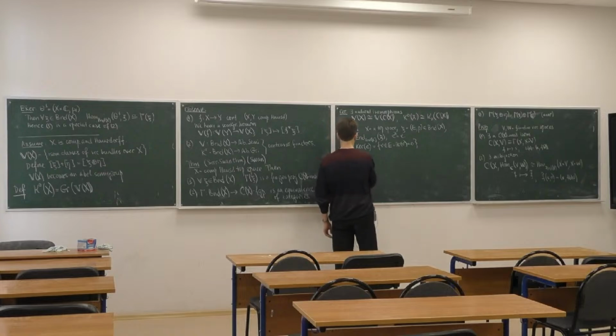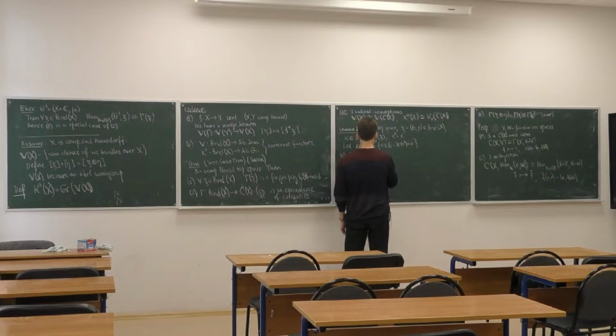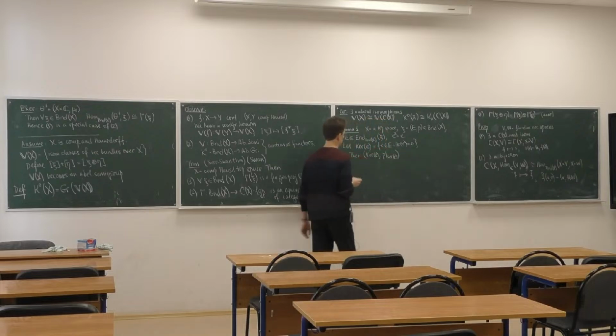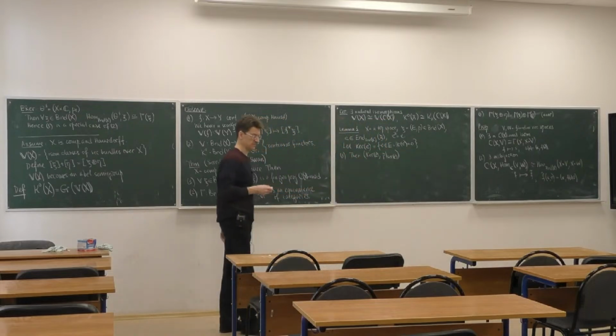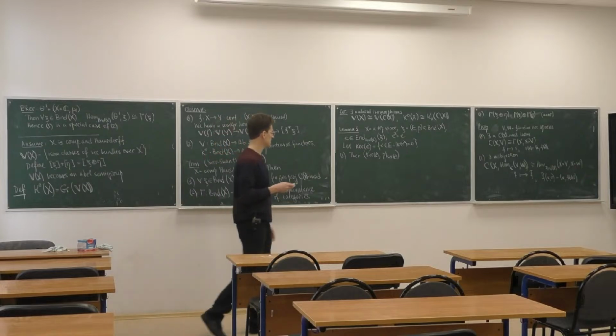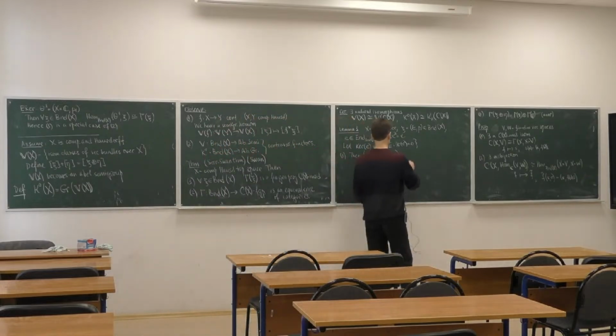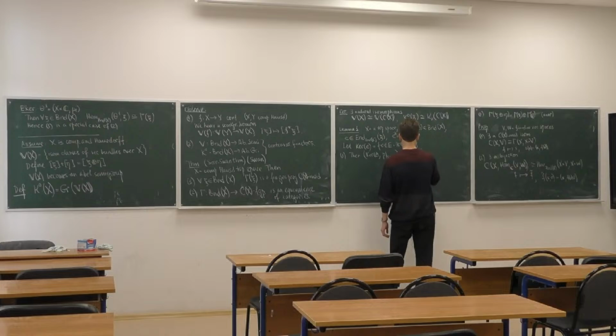So the lemma states that if we look at this space and restrict the projection P onto this space, then the respective pair, which is clearly a vector quasi-bundle over X, is actually a vector bundle. And it is locally trivial.